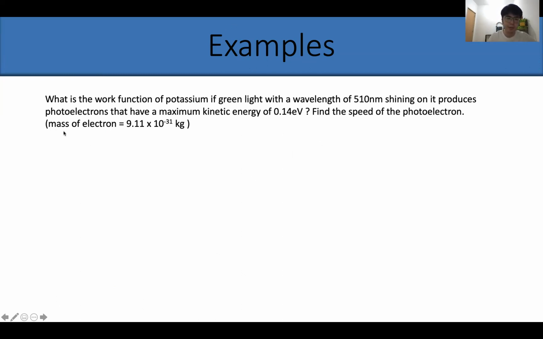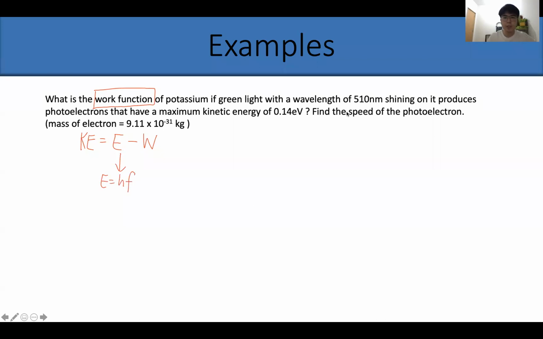So what do we want to find here? We want to find the work function, correct? What do we know about the formula of work function? We have KE equals E minus the work function, and we know that E equals hf.